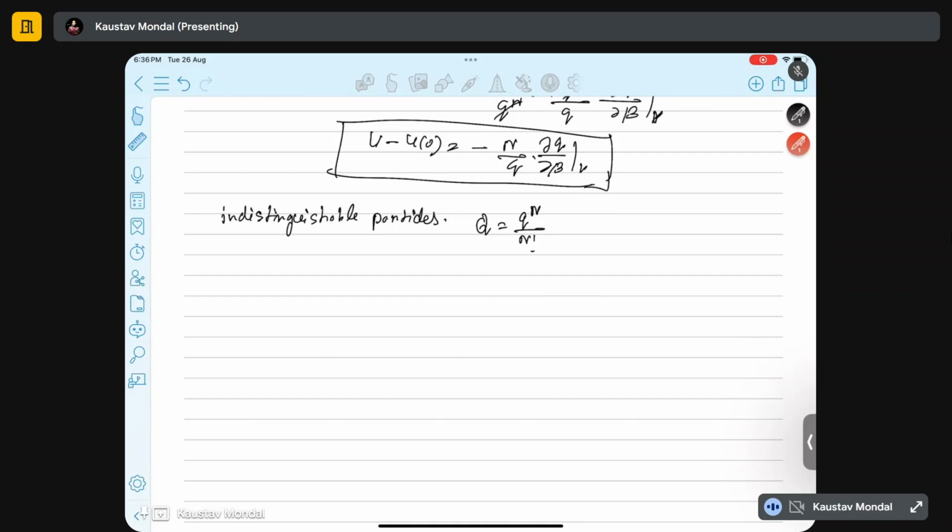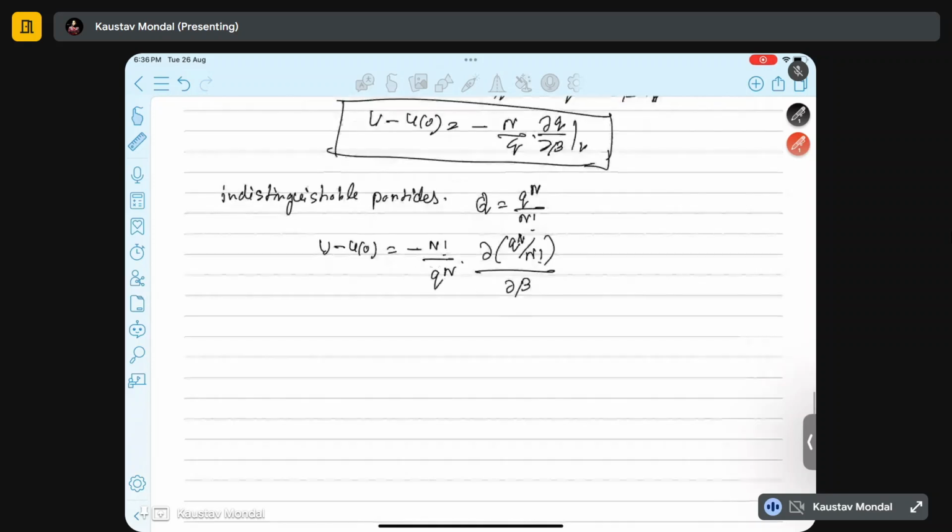So u minus u0 is equal to minus N factorial by q to the power N into del of q to the power N by N factorial by del beta. Here you can write it as N factorial by q to the power N into 1 by N factorial q to the power N minus 1 del q by del beta at constant volume, right?